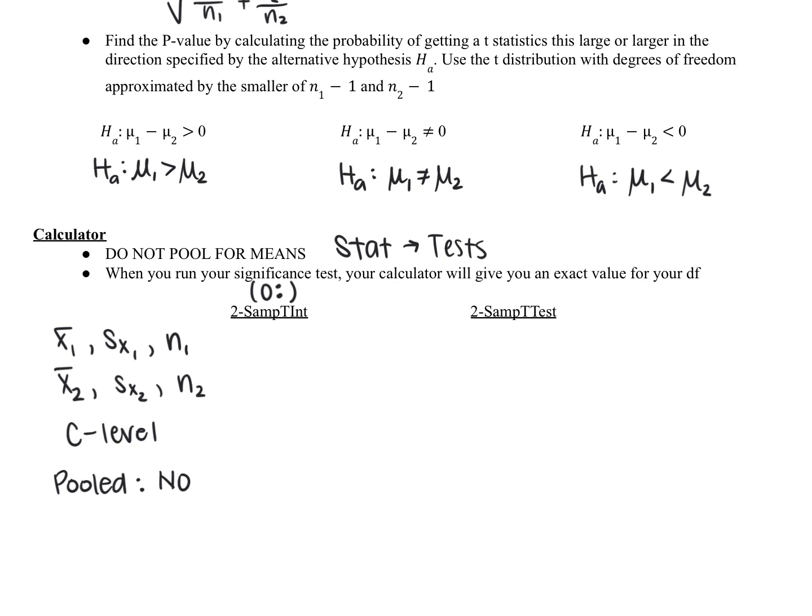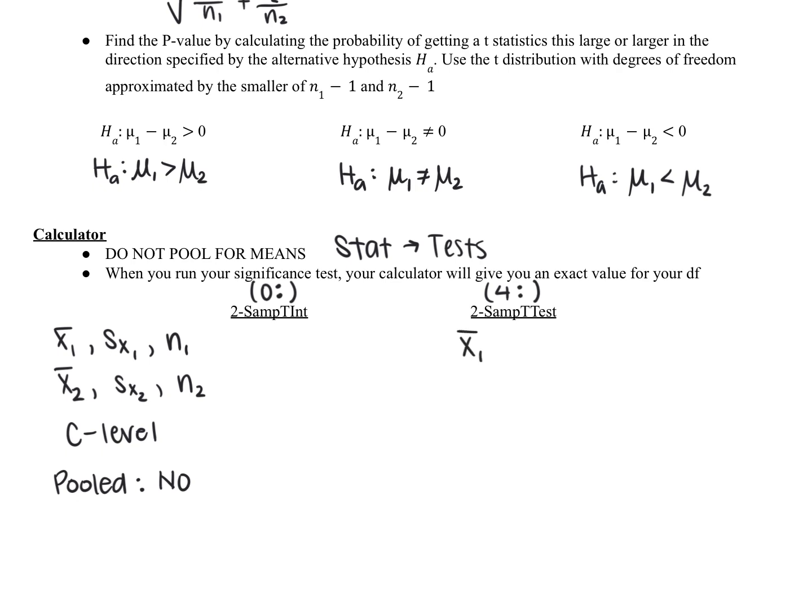And then for a 2-sample t-test, you again go to stat and then tests. And the 2-sample t-test is number 4. So again, you have the option of entering data or stats. Data is a lot easier because then you just have to pick your alternative hypothesis. But if you're doing stats, you need to know a lot of the same information.